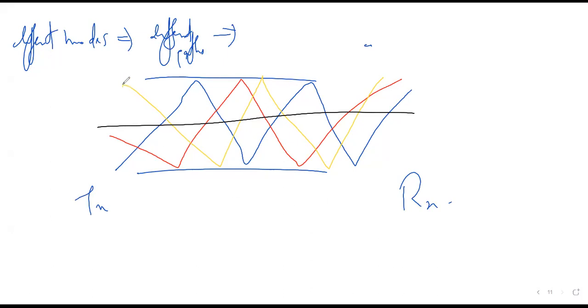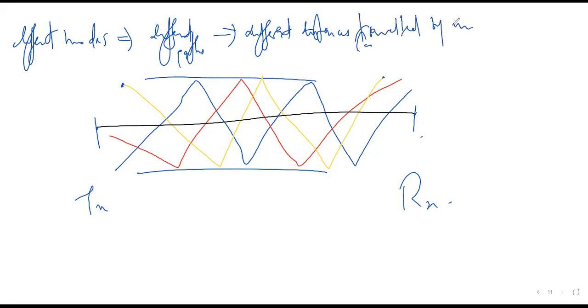The time of arrival for the yellow one, and the time of arrival for the other one, are different. The time for this one is much shorter. Why? Less distance traveled. We have different paths to consider, with different distances traveled by mode.